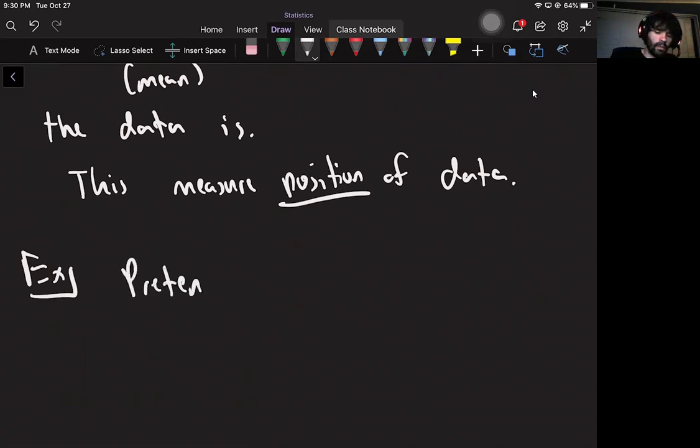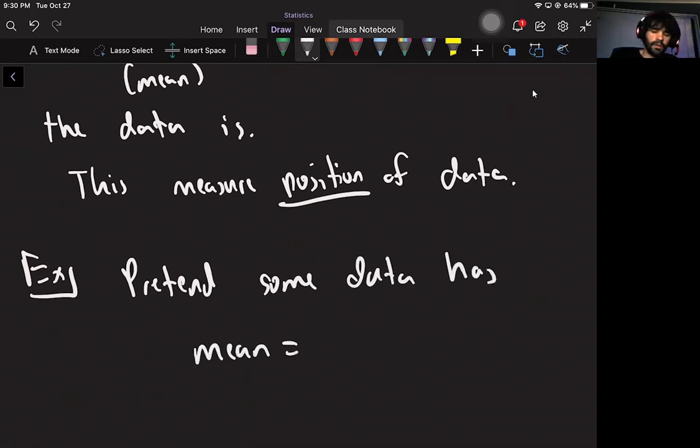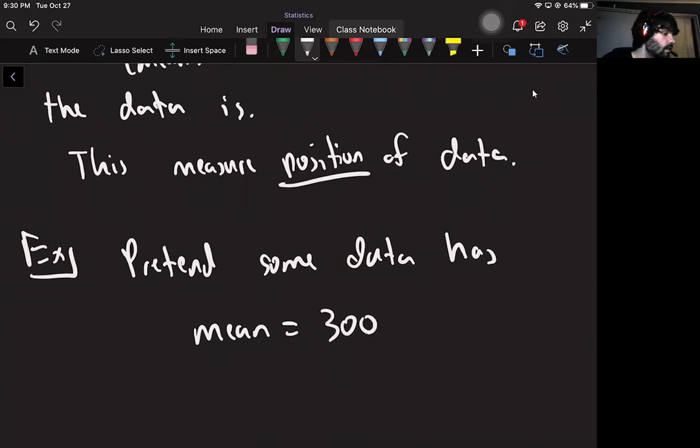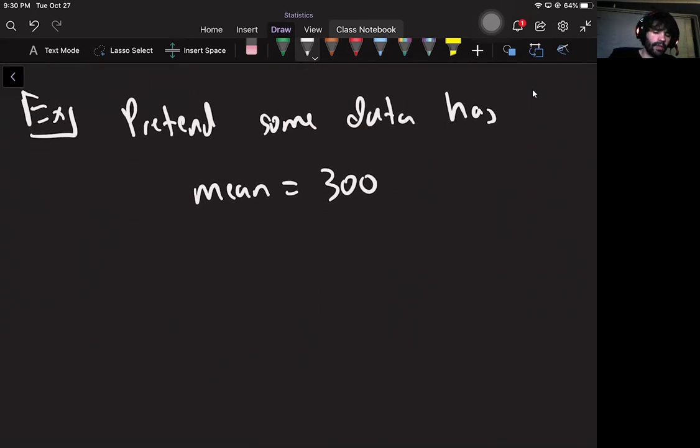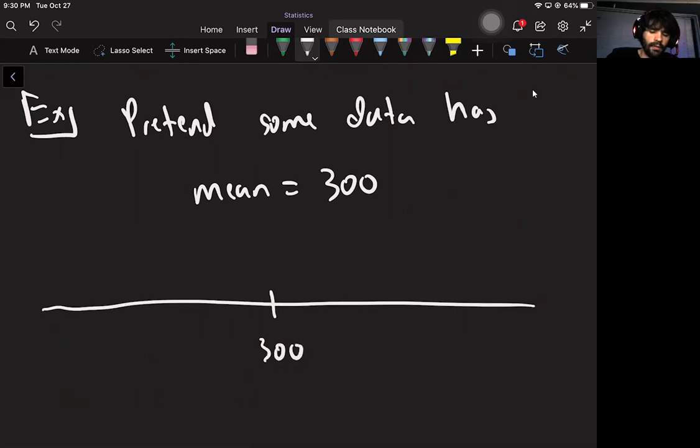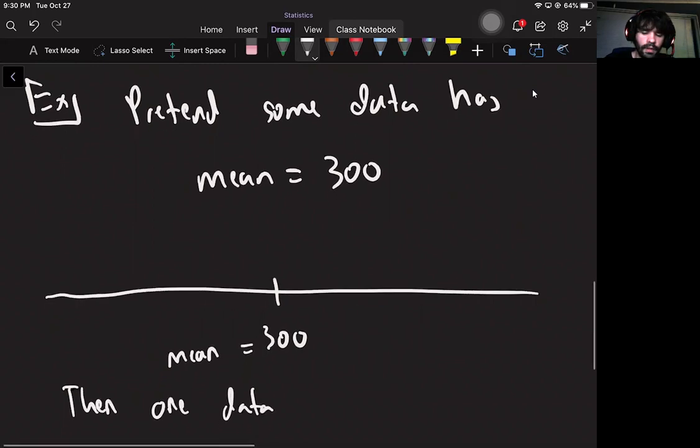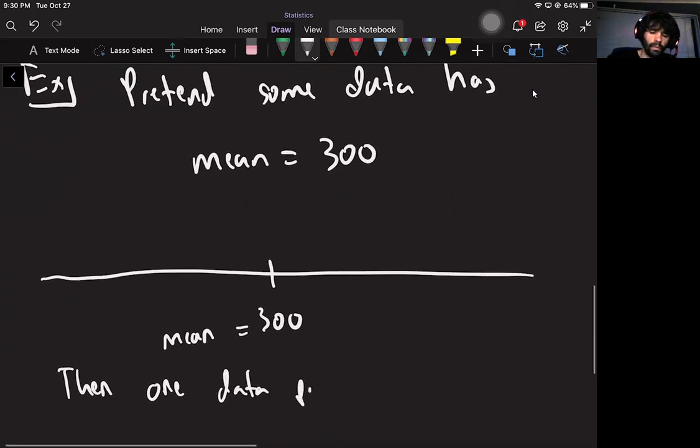Let's pretend that we have some data, and we just go straight to the mean. We don't have to worry about what the actual data is. Let's just pretend that the mean turned out to be 300. We could picture this on a number line. Say that this is the mean. And then one of your data points in this data list that I'm not revealing, let's just say it's, I don't know, 350.